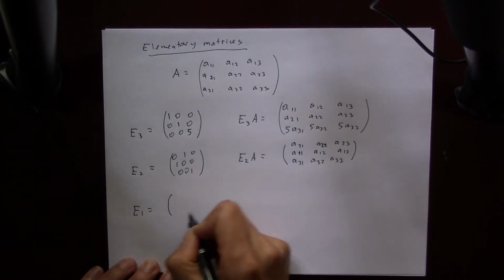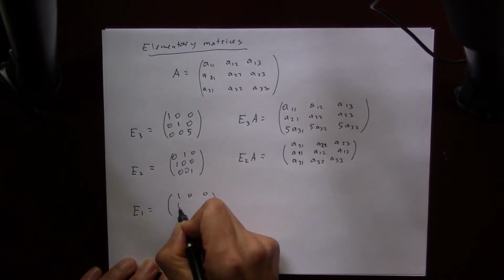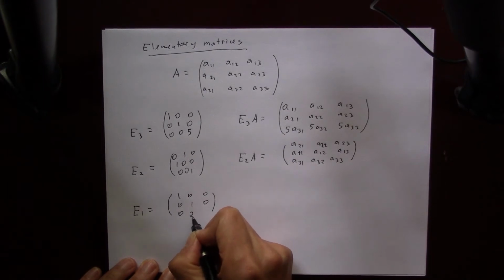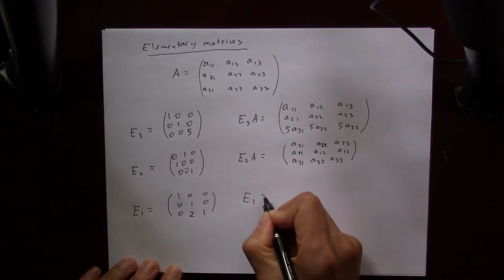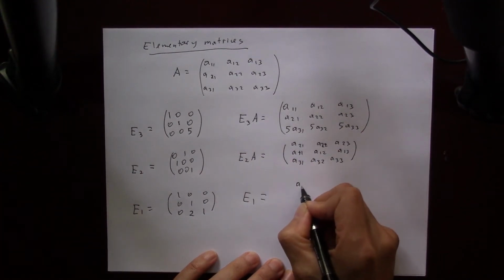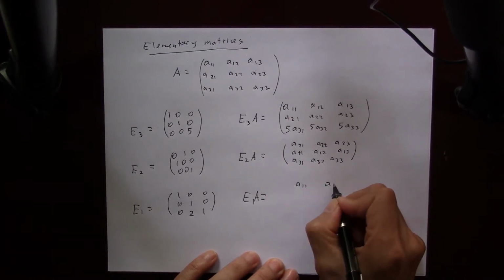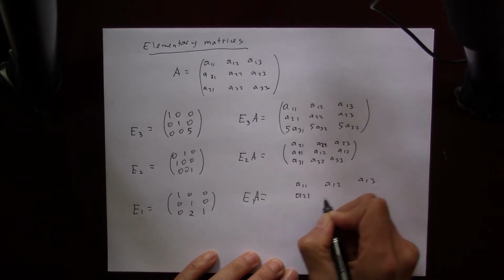for example, I'll write down 1, 0, 0, 0, 1, 0, 0, 2, 1. If I multiply it, what is going to happen? Row 1 will stay the same. Row 2 will stay the same.